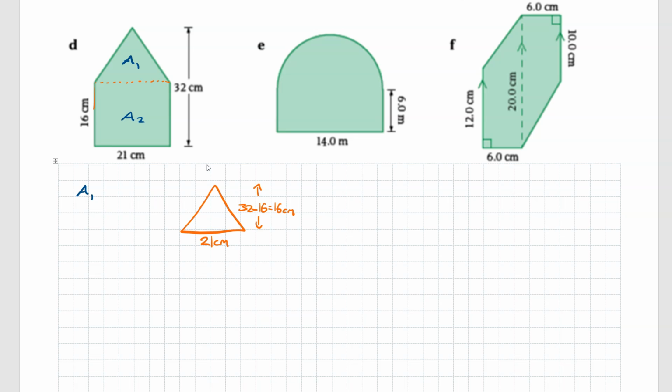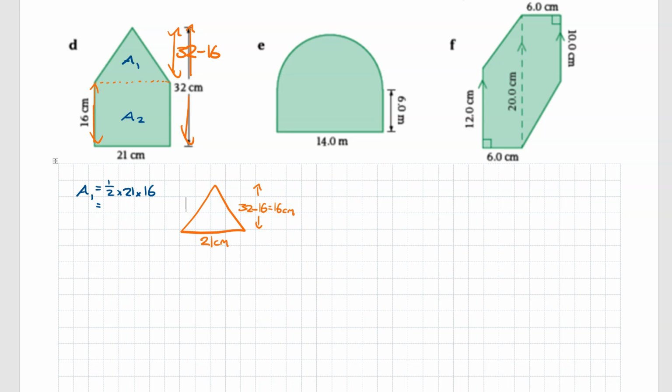Well, it's this side here, take away this side here. So up here it's going to be 32 take 16. Alright, so moving on, we know that the area of a triangle is half times the base times the height. So it's half times 21 times 16.